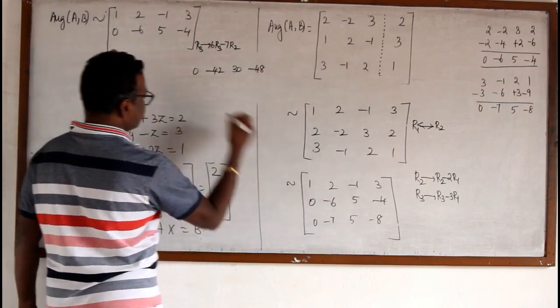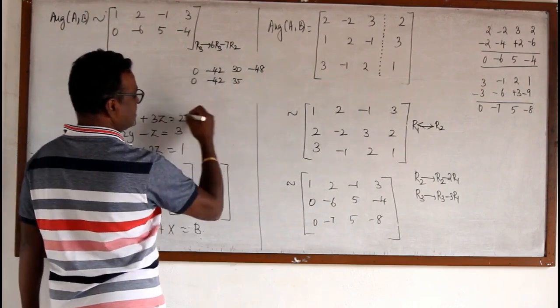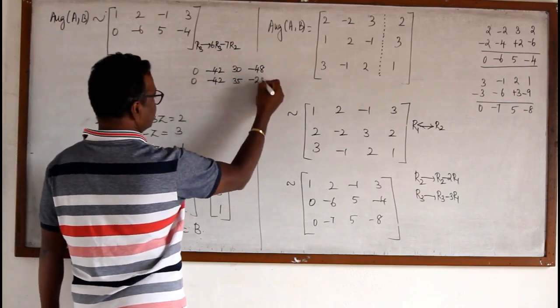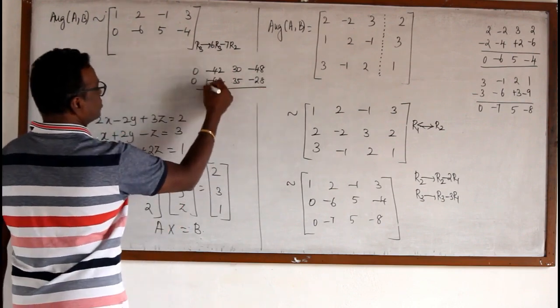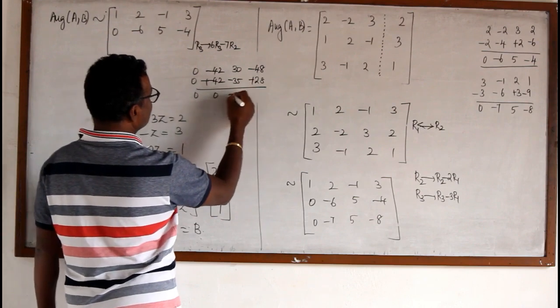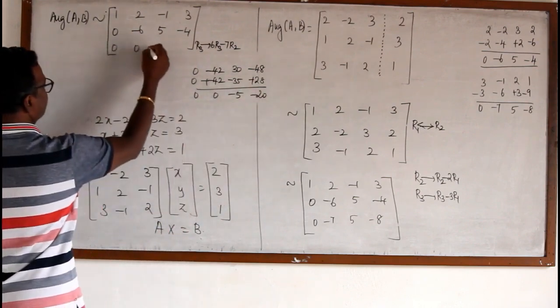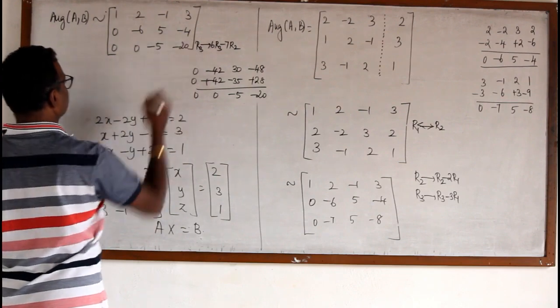Multiply R2 by 7: 0, minus 42, 35, minus 28. I am subtracting, so I change the sign: 0, 0, minus 5, minus 20.